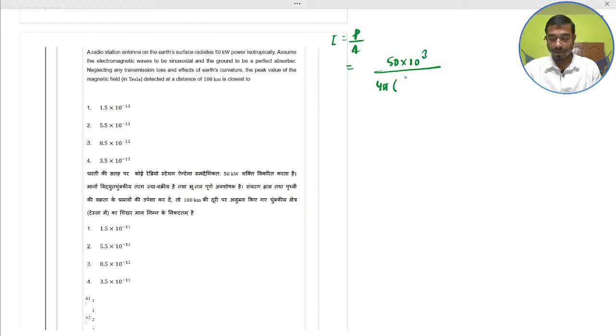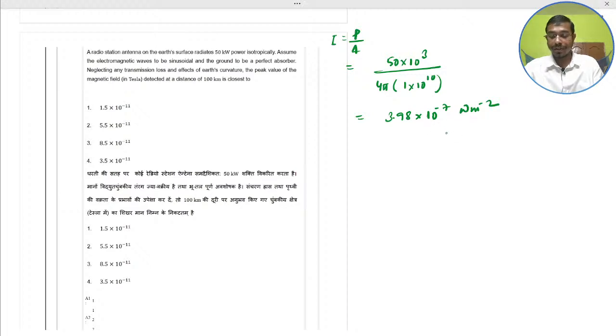R means 100 into 10 cube, whole square, means 1 into 10 to the power 10. This is the r square value. So I would be what? Solve this numerical value, I would become 3.98 into 10 to the power minus 7. This is in Watt per meter square.